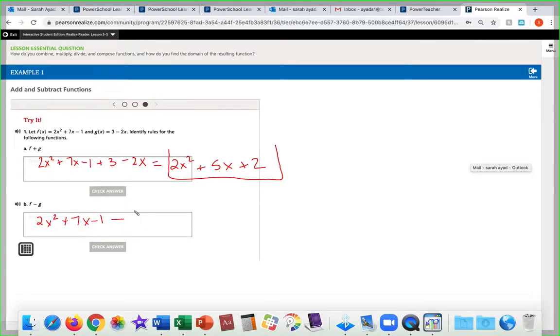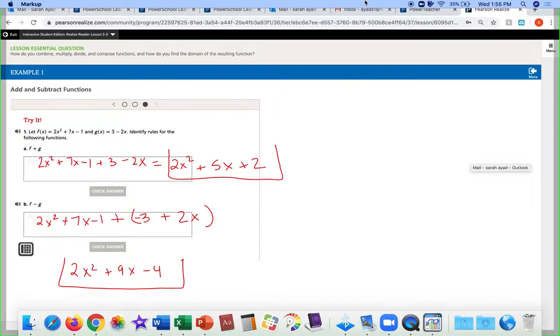I'm going to subtract, and I'm going to use parentheses. 3 minus 2x. I'm then going to distribute that negative. So I get 2x squared plus 9x minus 4. I'm done.